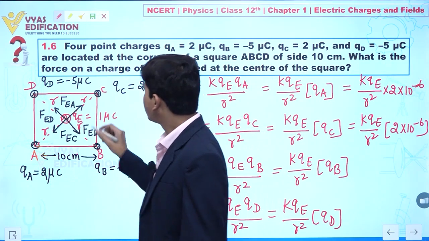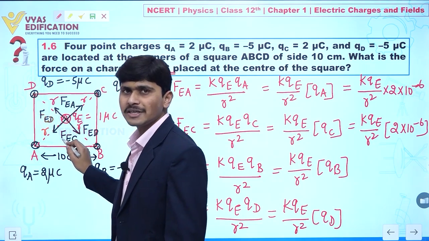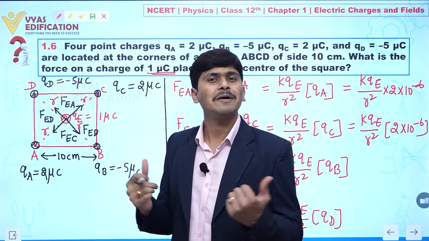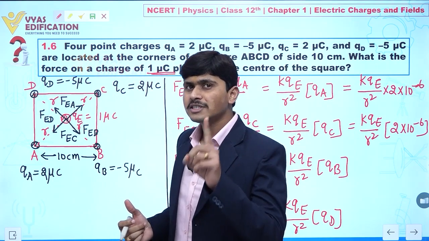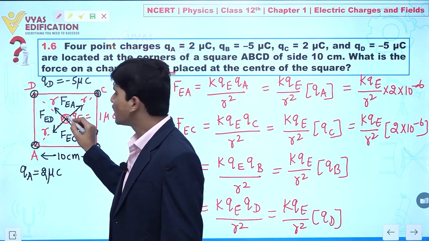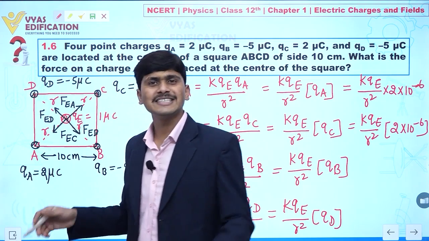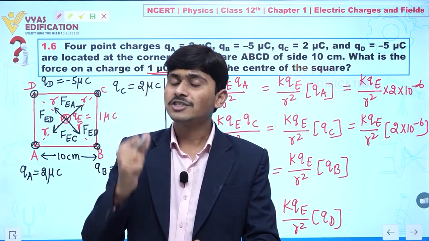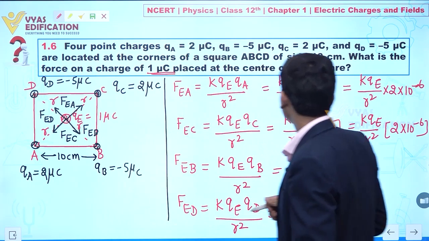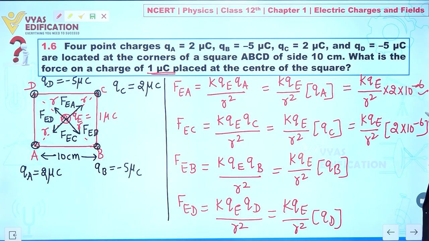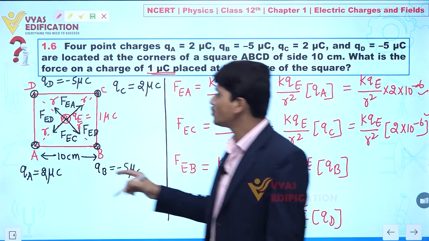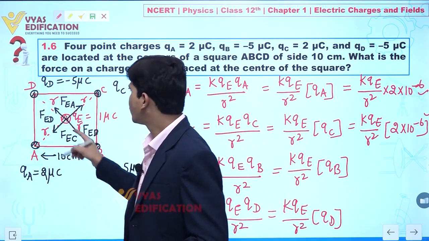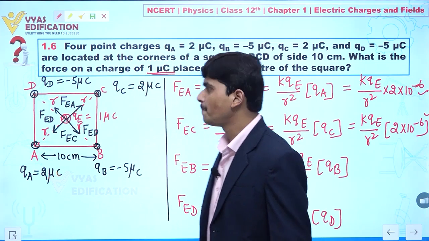Forces FEA and FEC have the same magnitude but act in opposite directions. So the net force acting on charge E due to these two forces is 0, because both forces act in opposite directions with the same magnitude. Now let's check the force acting by ED.